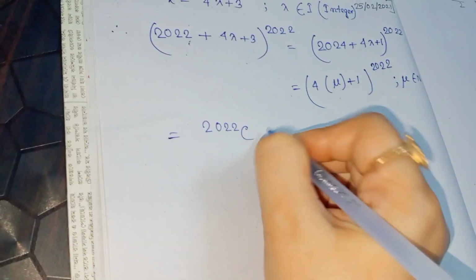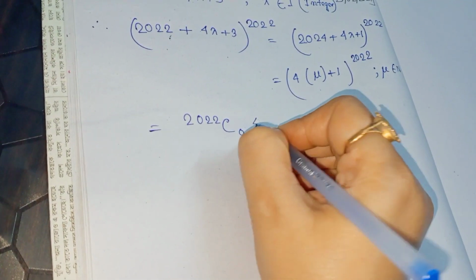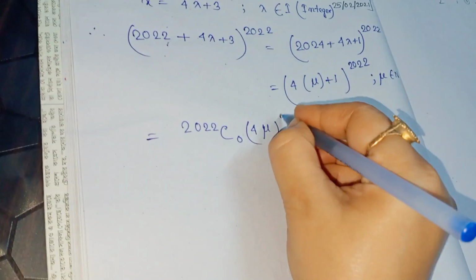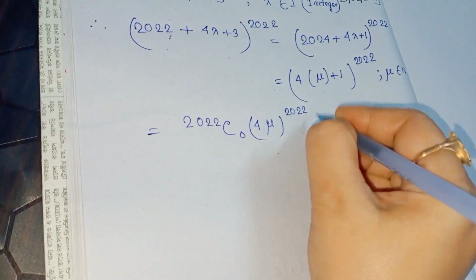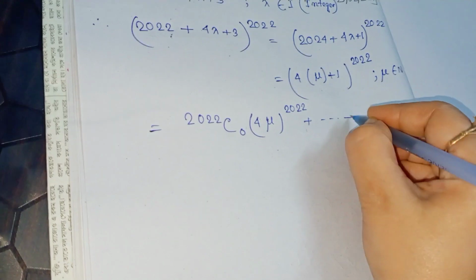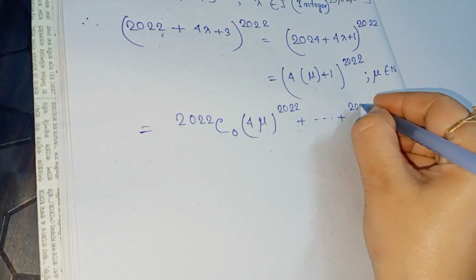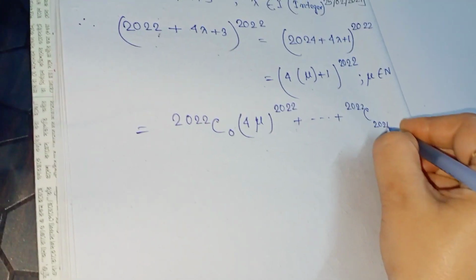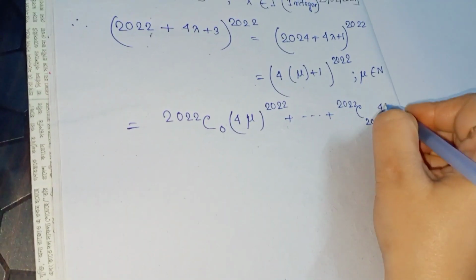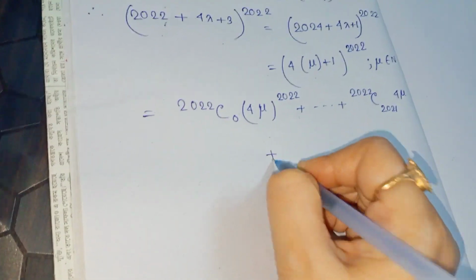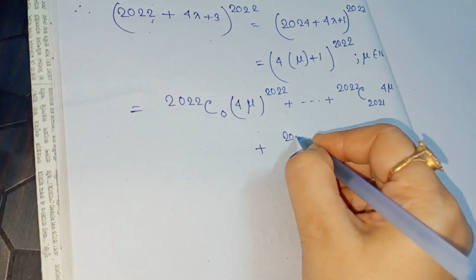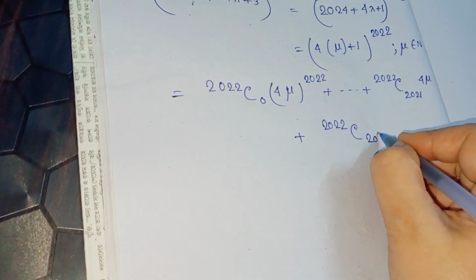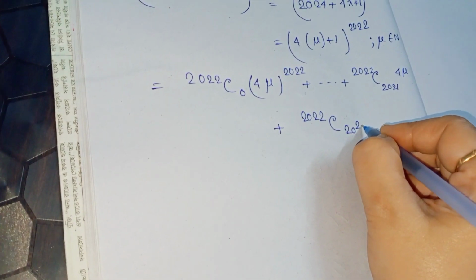2022 C 0 4 mu whole 2022 plus dot dot dot, 2022 C 2021 4 mu, plus 2022 C 2022.